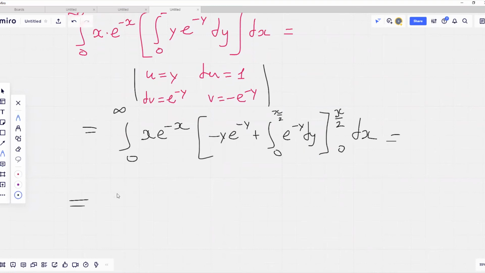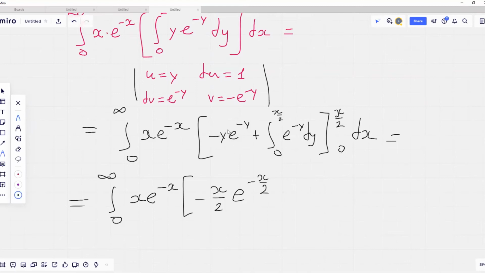So that is equal to the integral from 0 to infinity of, substituting x over 2 here, let's write it down in brackets first, minus x over 2 e to the power of minus x over 2.